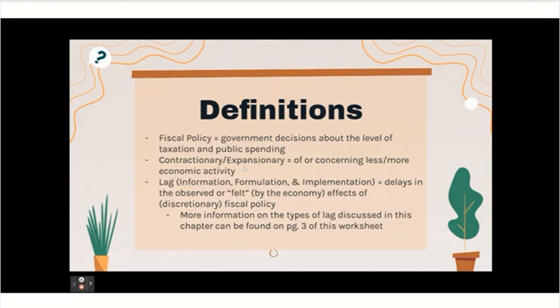Then they have to spend all this time collecting that information, formulating what they're going to do with that information, and how they're going to go about fixing any problems that need fixing. And then implementation would be just how long it takes for that decided upon, formulated plan to actually start working, to get on the ground floor and start doing what it was intended to do.